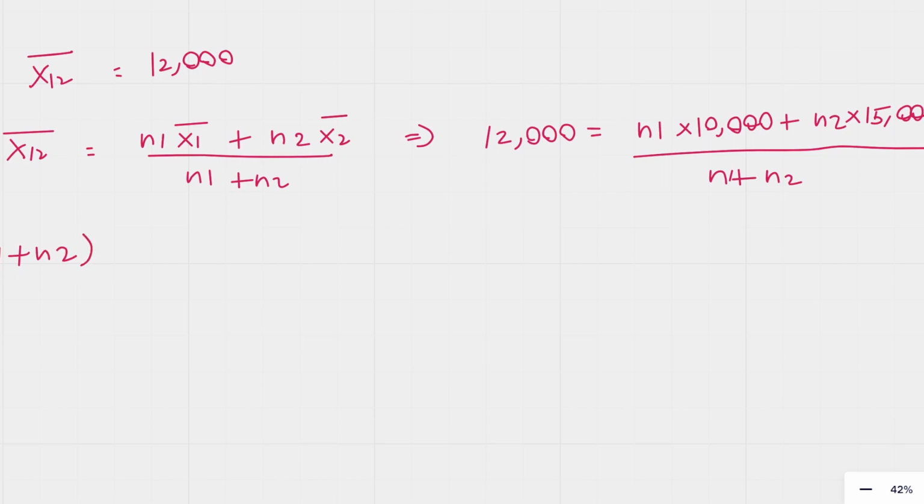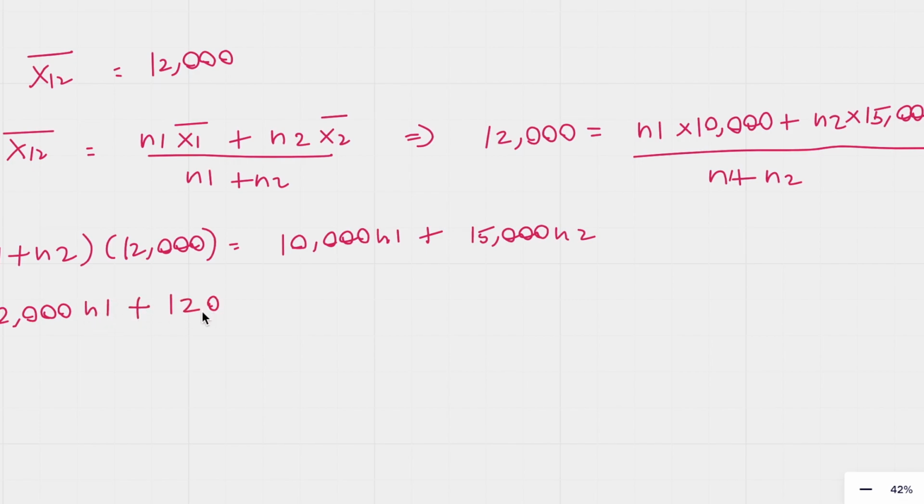n1 plus n2 into 12,000 is equal to 10,000 n1 plus 15,000 n2. From this we get 12,000 n1 plus 12,000 n2 is equal to 10,000 n1 plus 15,000 n2.